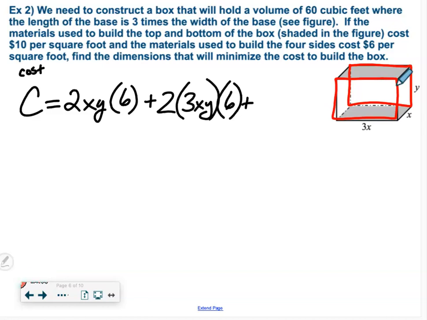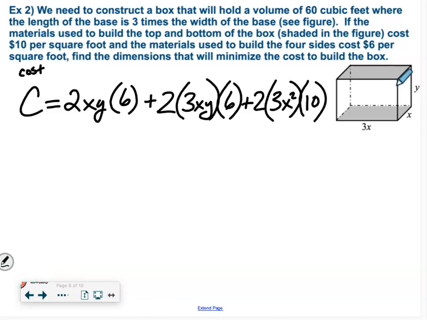Now we're ready for top and bottom. Again, we have 2 of them. Let's just look at the bottom of the box. The area is 3x squared. And then the cost for building the top and bottom is 10. This whole thing right here, that's our cost function.